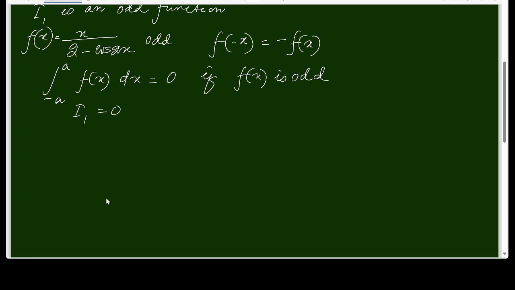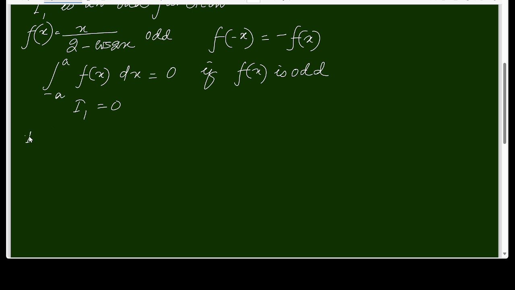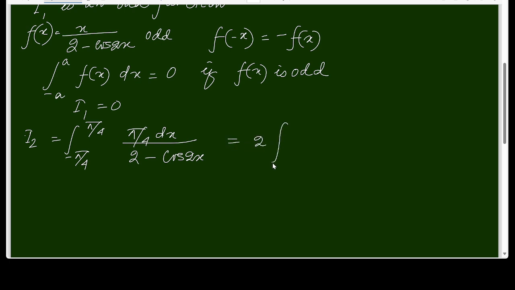Coming to integral 2, equals the integral from negative pi by 4 to pi by 4 of dx upon 2 minus cos 2x, multiplied by pi by 4. It can be written as 2 times the integral from 0 to pi by 4 of dx by 2 minus cos 2x.